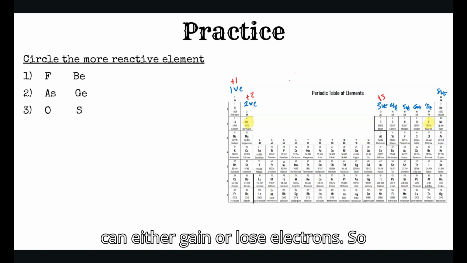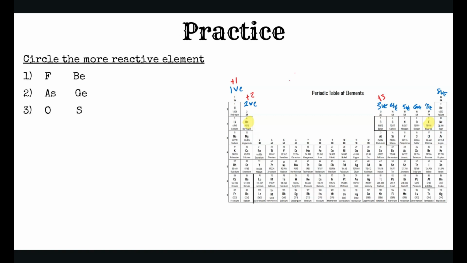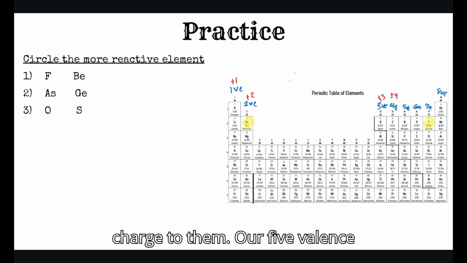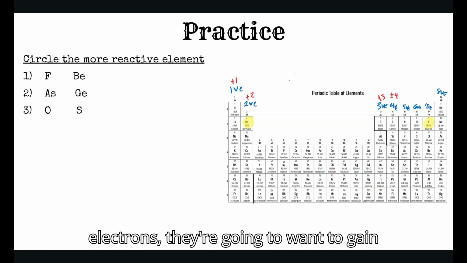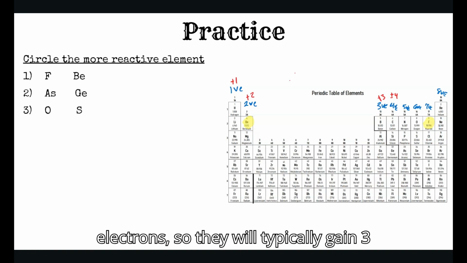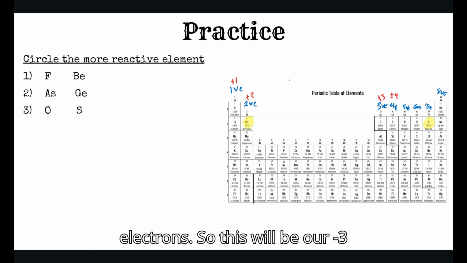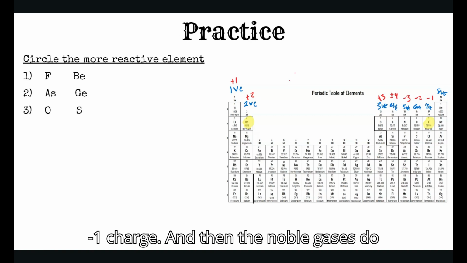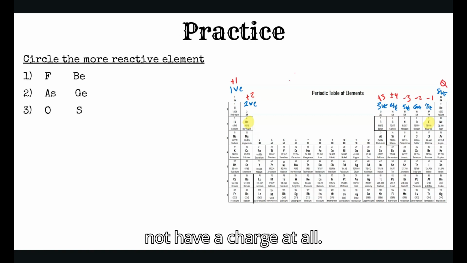So they can either gain or lose electrons. So these will typically have a plus or minus 4 charge to them. Our 5 valence electrons, they are going to want to gain electrons. So they will typically gain 3 electrons. So this will be our negative 3 charge, negative 2 charge, negative 1 charge, and then the noble gases do not have a charge at all.